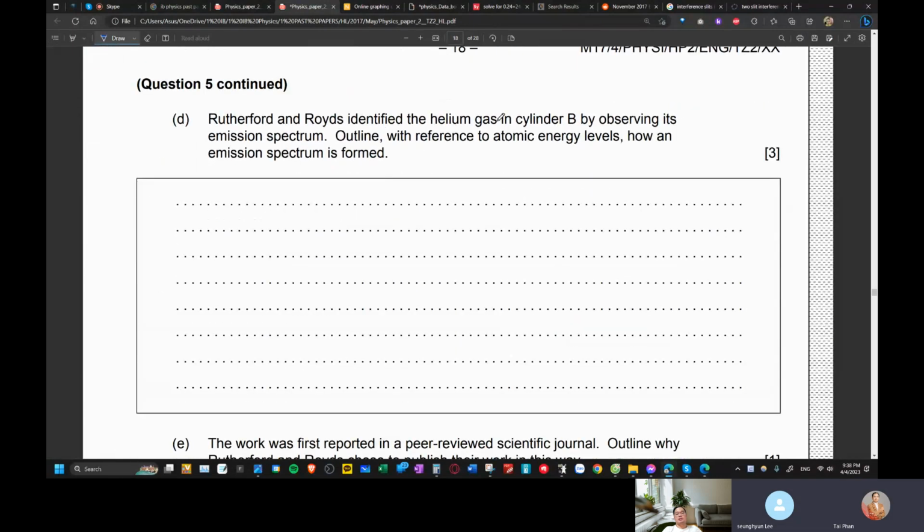Rutherford and Royds identified the helium gas in B by observing its emission spectrum. Explain how an emission spectrum is formed.